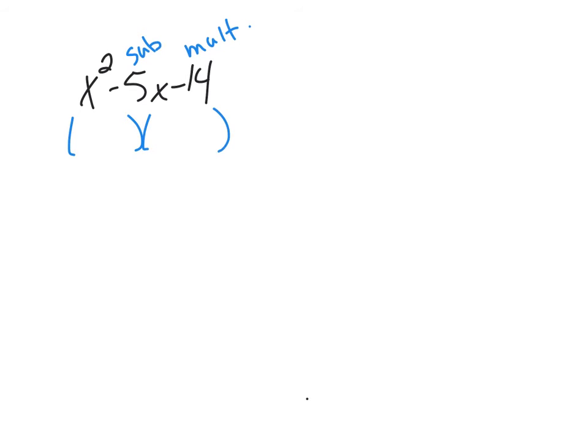Okay, let's do one like that: x squared minus 5x minus 14. I need two numbers that will multiply to give me 14. That's a minus, so I'm going to think of it as subtracting to give me 5, and I'll worry about the signs in a minute. So I need two numbers that multiply to be 14 and subtract to give me 5.